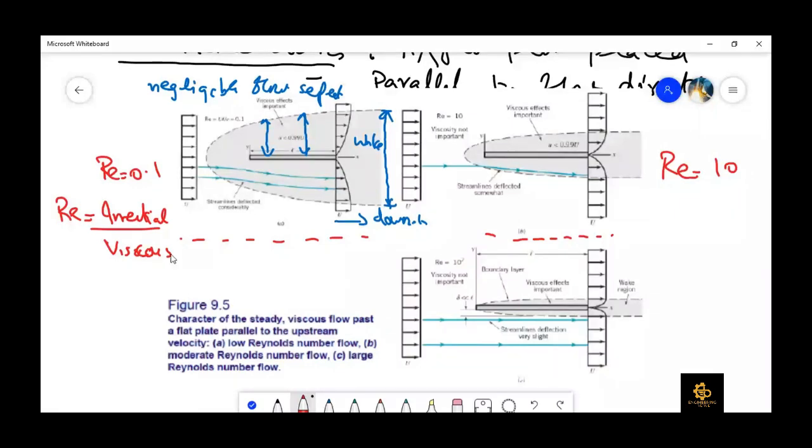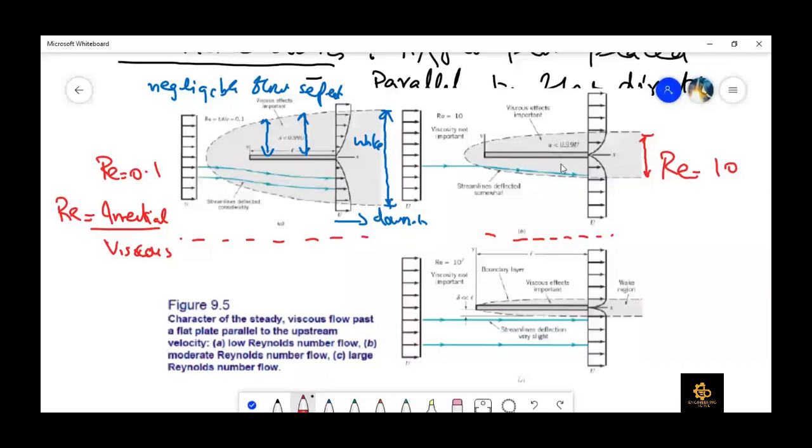So now you can see that the viscous region, which was shown by the gray area, is quite thin now. So viscous effects are limited to a very small area in the vicinity of the flat plate. Then the wake region on the downstream side is also quite small. And there is still no flow separation, because flow separation doesn't occur in the flow over a streamlined body.